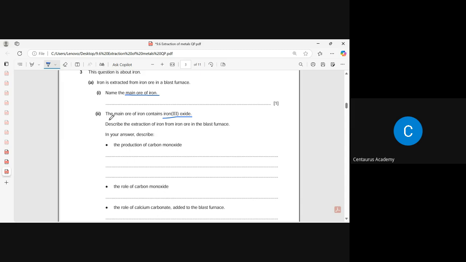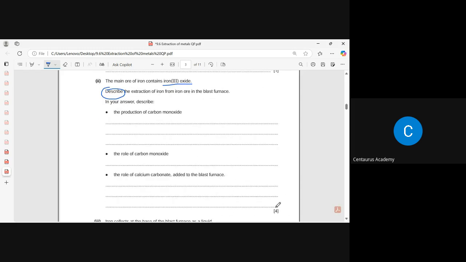Now, since the command word here says describe, this means you have to mention certain points, okay? And these points are all going to be cumulatively gaining you 4 marks. So at least one statement should be here, two statements or one complete descriptive statement should be here, and 1 to 2 statements should be in the first part.